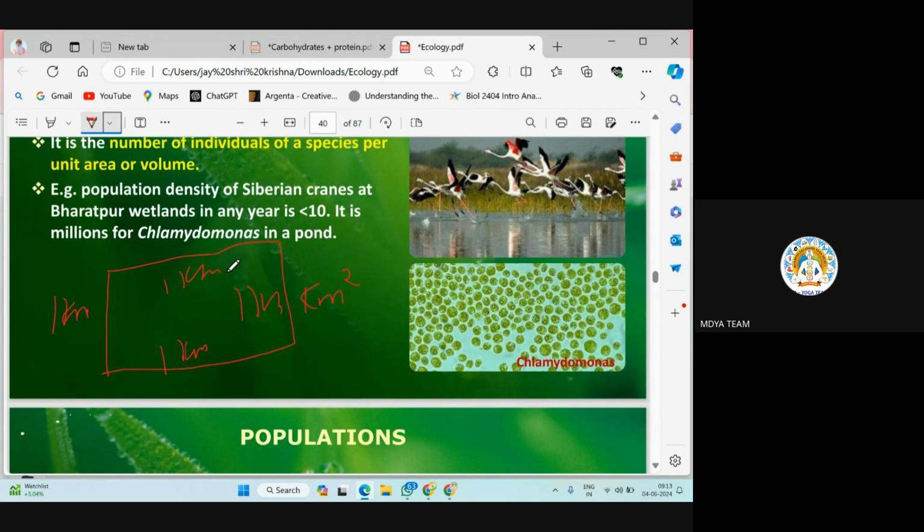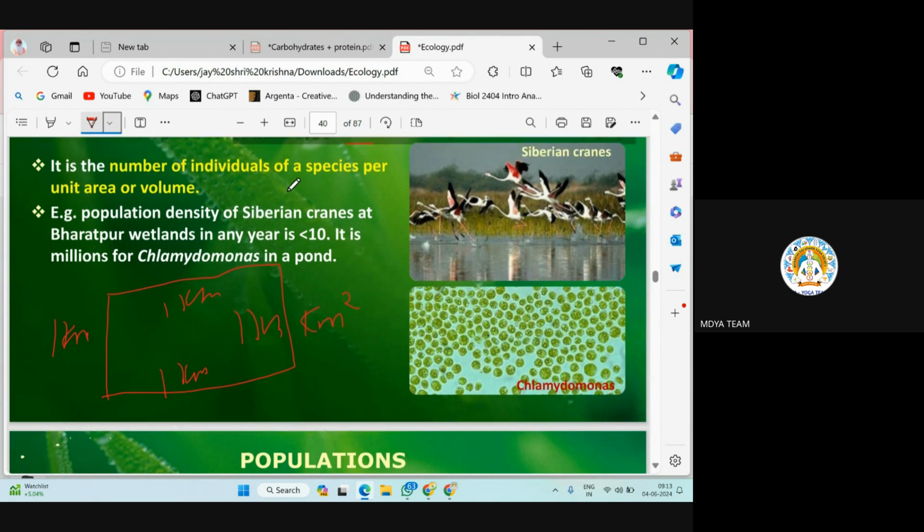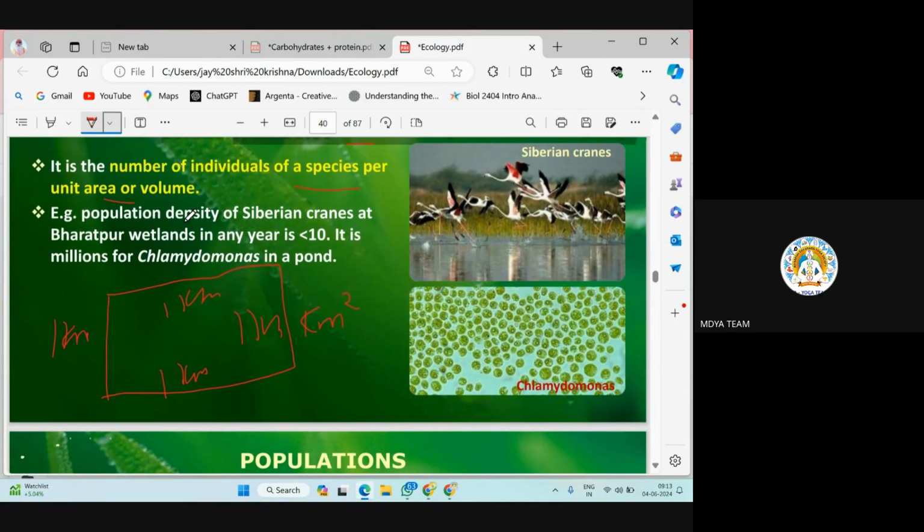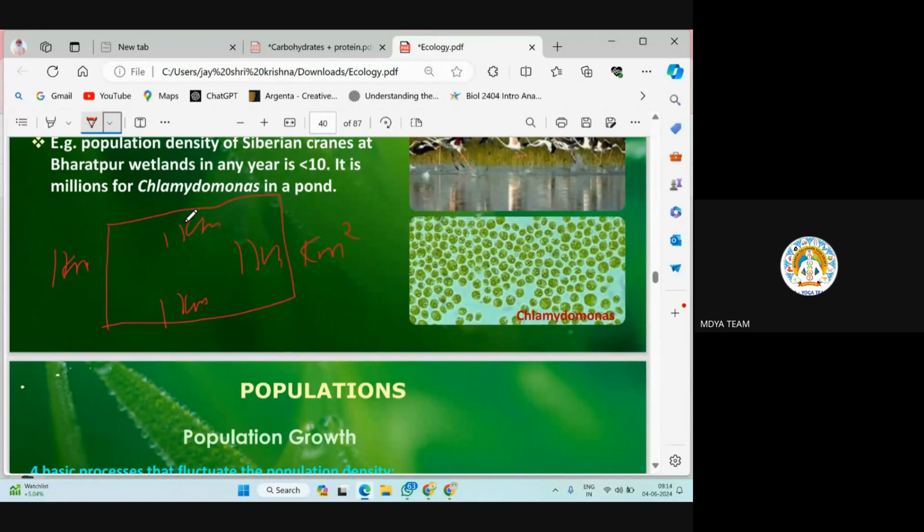So the number of individuals living inside this box of 1 kilometer in any country will be the density of that country, or the density of that state. So the number of individuals of a species per unit area or per unit volume is known as population density. Okay, understood. Yes, sir.